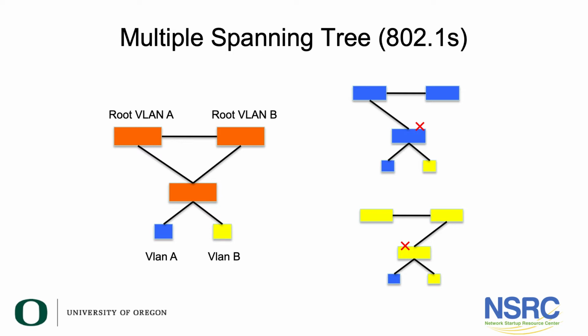Now, you could put the switch on the left as the root of VLAN A, and the switch on the right as the root of VLAN B. Because spanning tree is going to end up blocking one of the ports and disabling one of the links, VLAN A ends up using the link on the left from the switch at the bottom to the two distribution switches at the top, and VLAN B ends up using the link on the right from the switch at the bottom to the distribution switches at the top. So you are load balancing between the links instead of having all of them on one.